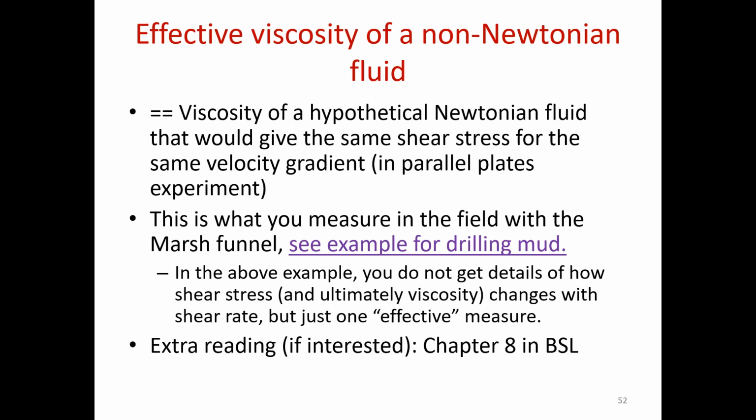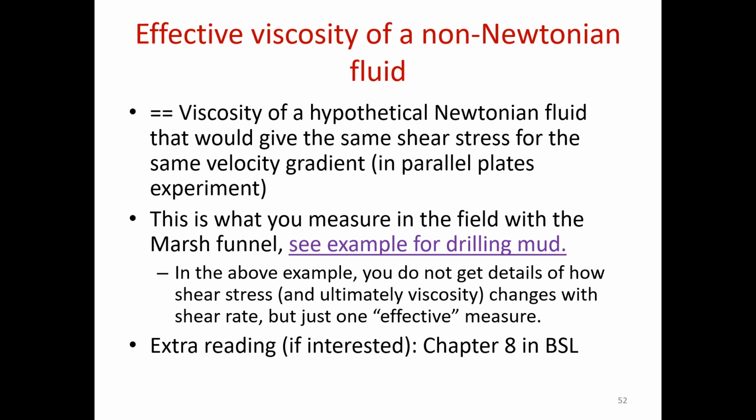Okay. I'm not going to go through this in class, but there's an example. Oftentimes, if you do a quick measurement, you're just going to get this effective viscosity, which is essentially this number. For a given shear rate, this number is constant.